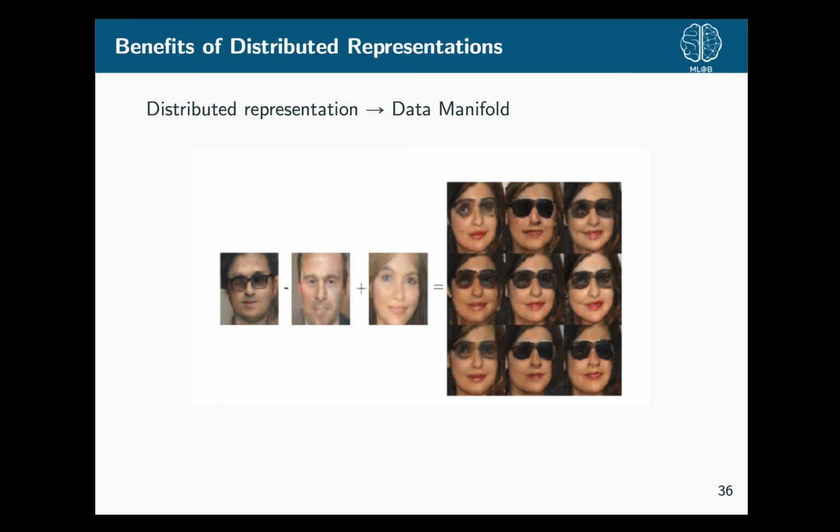And that's what this deep learning model was able to do. That's much of the art of deep learning at this point, learning good representations for these sorts of generative tasks. A distributed representation more or less implies that you've learned a data manifold, which is useful. And you also have these benefits.